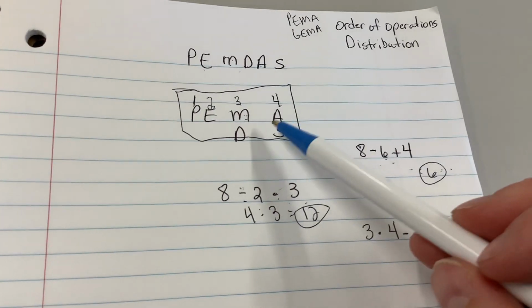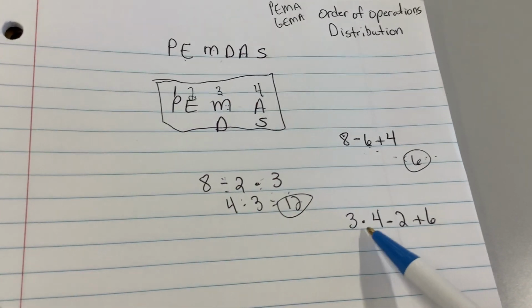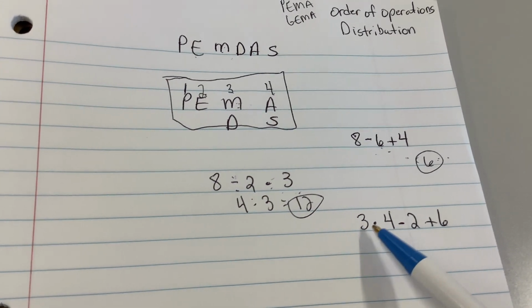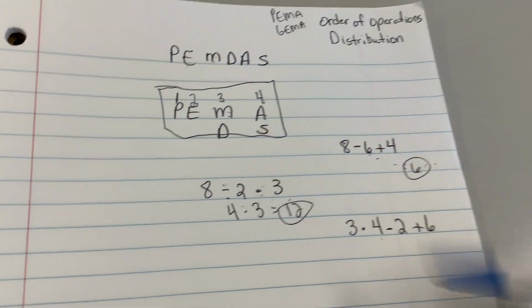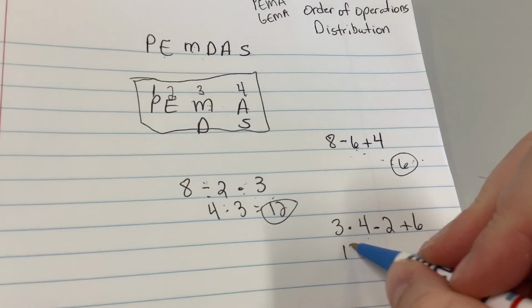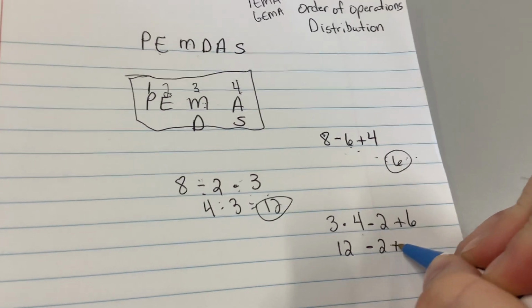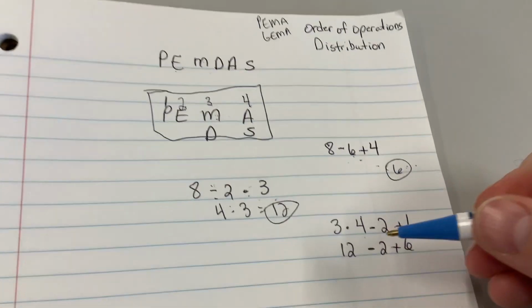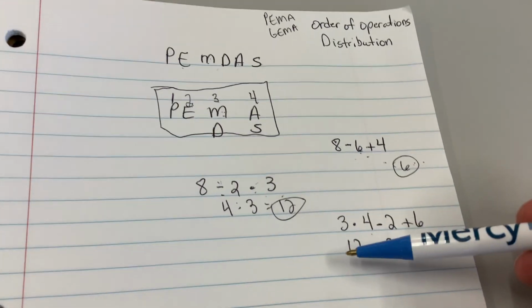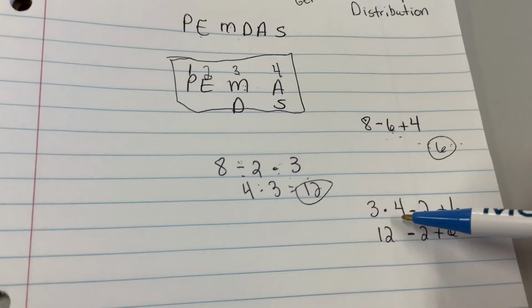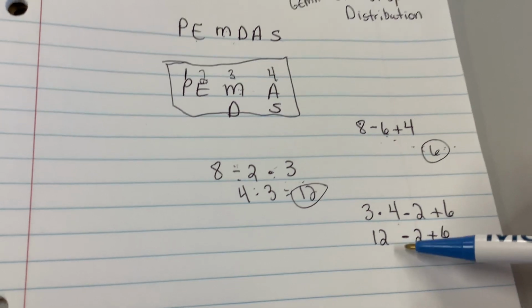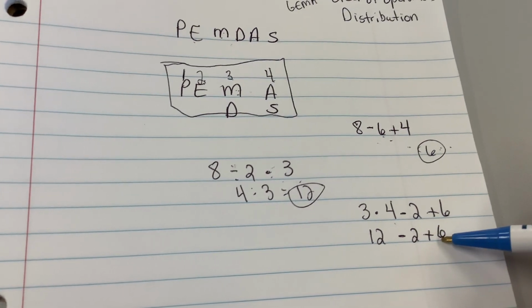We do the multiplication first, so we'll get 12. We'll do that first and rewrite. And I would suggest, as you're learning this, to just do one step at a time, do that one first, and then rewrite the rest. Once you're looking at this, then you go, okay, now I have a subtraction and addition.